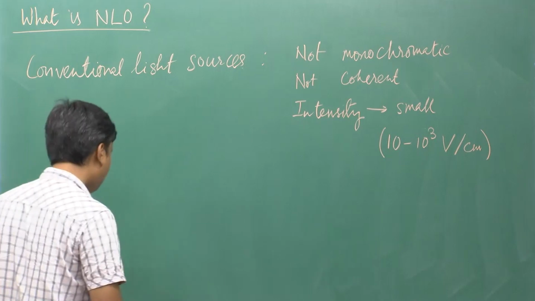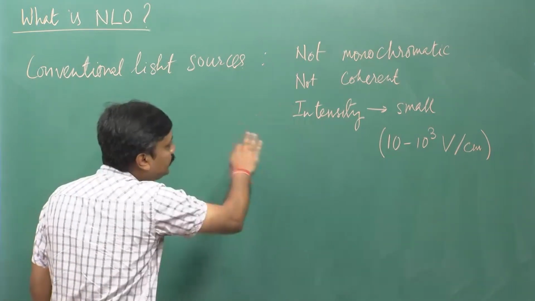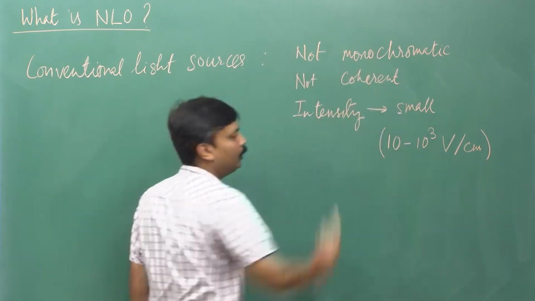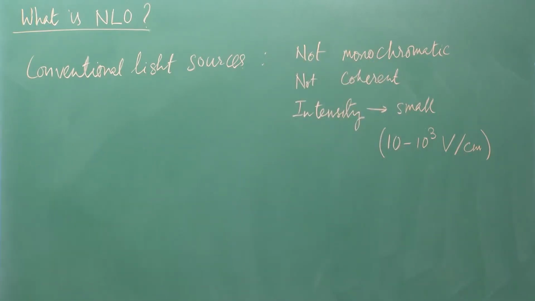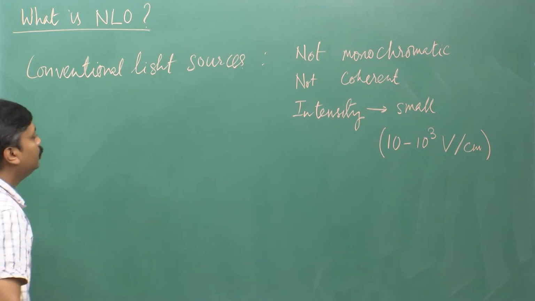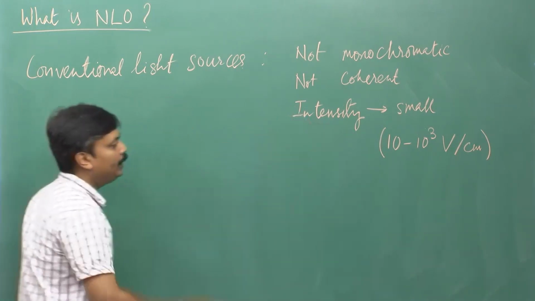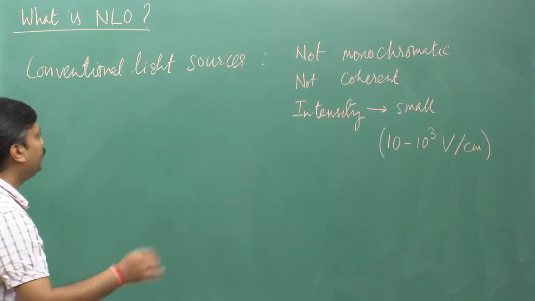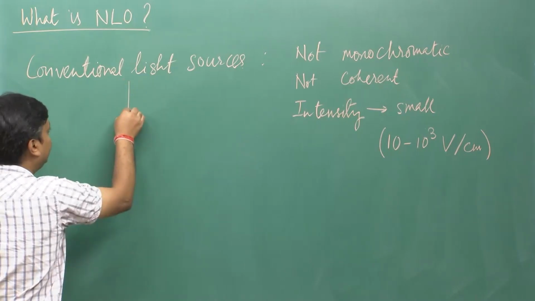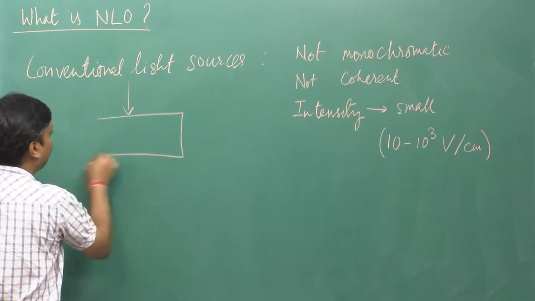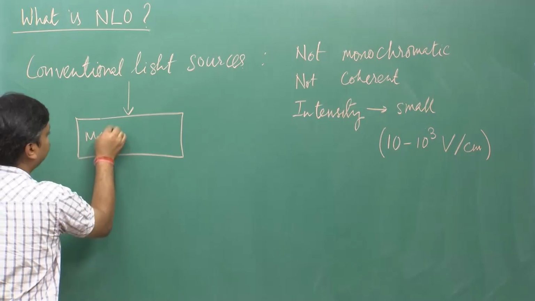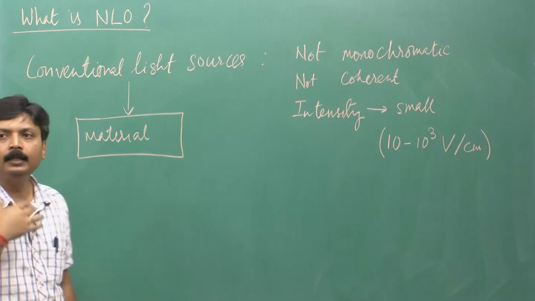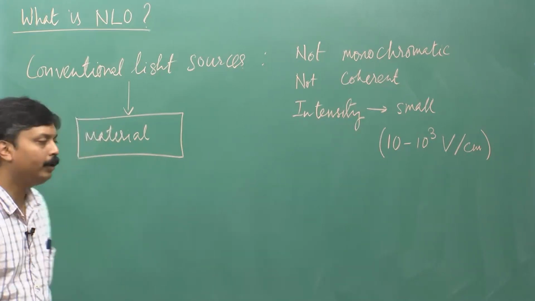Now, for a moment I forget about the wavelength or the phase. If I just consider the intensity of light, and this amount of electric field is allowed to interact with some material, which we can take as a dielectric, for example.